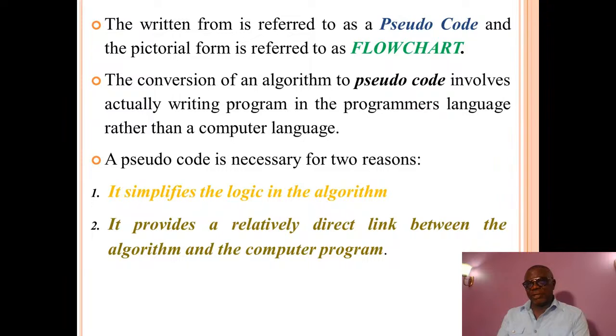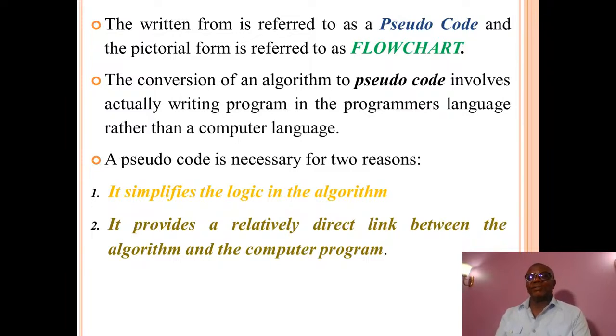Since our topic is design and flowcharting, we will get into more details to see what flowcharting is. The conversion of an algorithm to pseudocode involves actually writing the program in the programmer's language rather than a computer language.